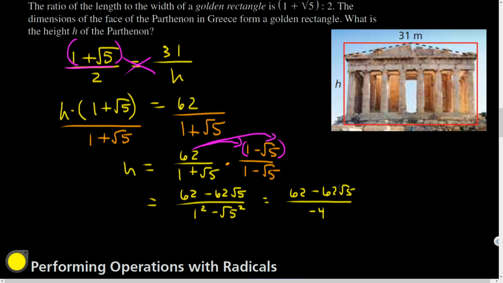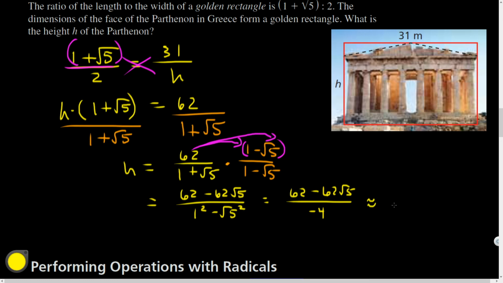Now, as far as canceling this, reducing this, I technically could reduce this. If I was to reduce the 4 and the 62, I have to reduce both of those in this kind of weird greatest common factor distributive sort of way, where every term would be divided by the negative 4 if I do that. But anyways, yeah, that's the exact amount.